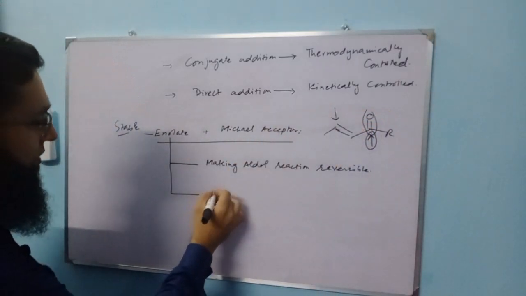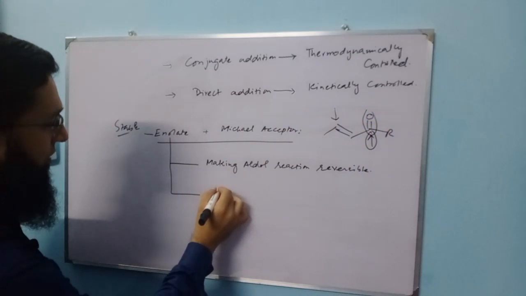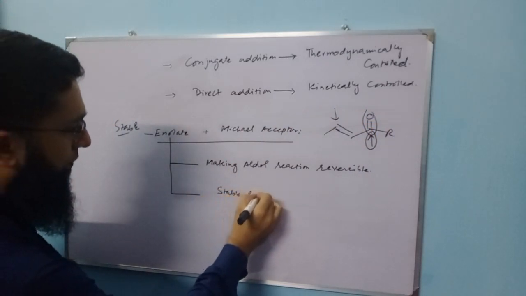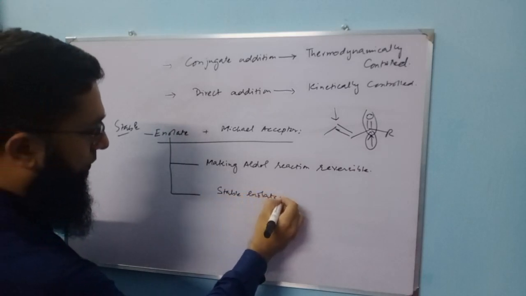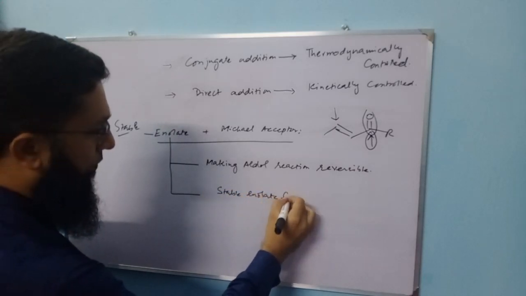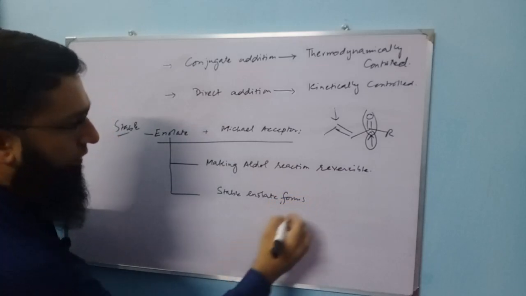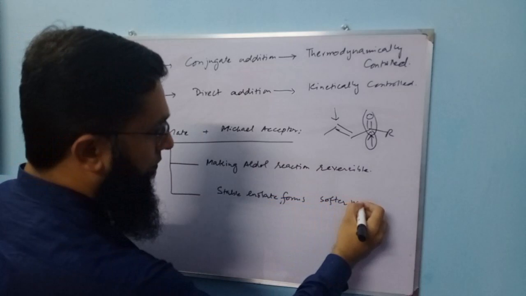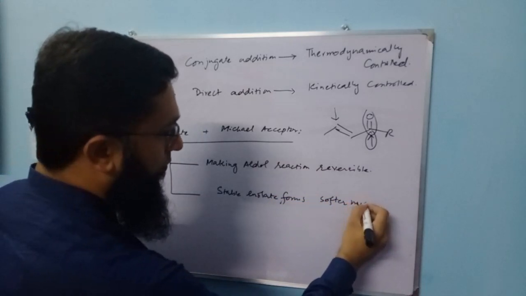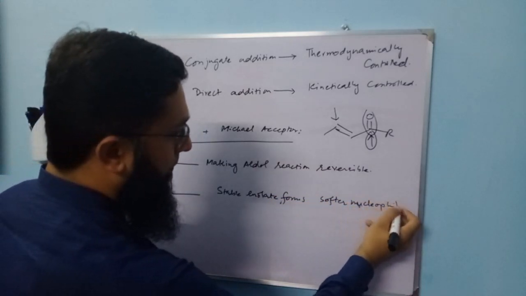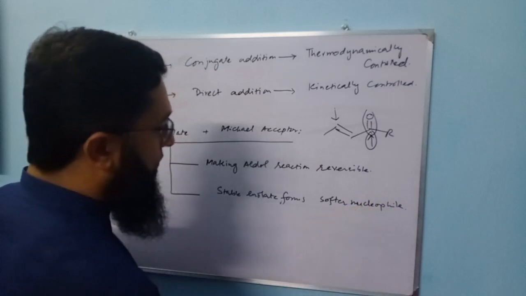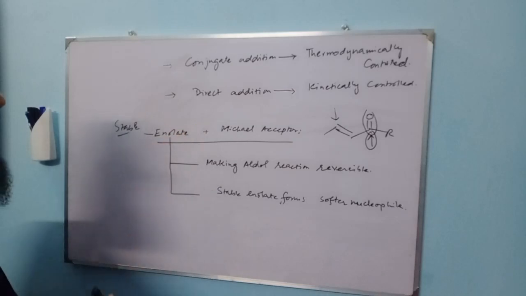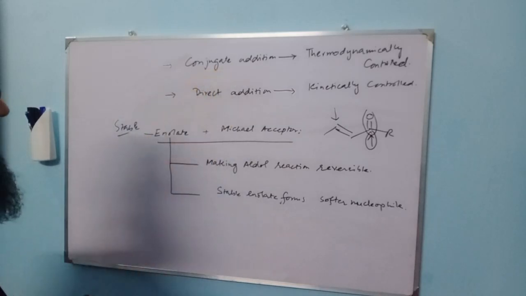And second, it forms a stable enolate, a softer nucleophile. So by this, the enolate can increase the chances of conjugate addition.